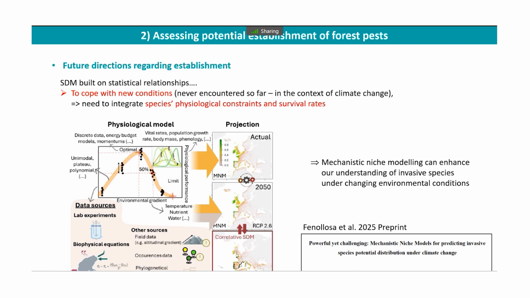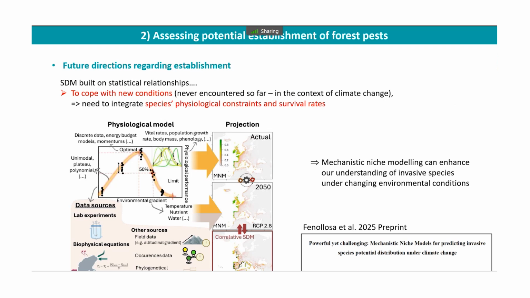And so, as I've said, species distribution models are based on statistical relationships. So as any statistical model, they are valid in the range of observed data. But with climate change, we expect to have conditions never encountered so far. So it's quite dangerous to extrapolate to new conditions.